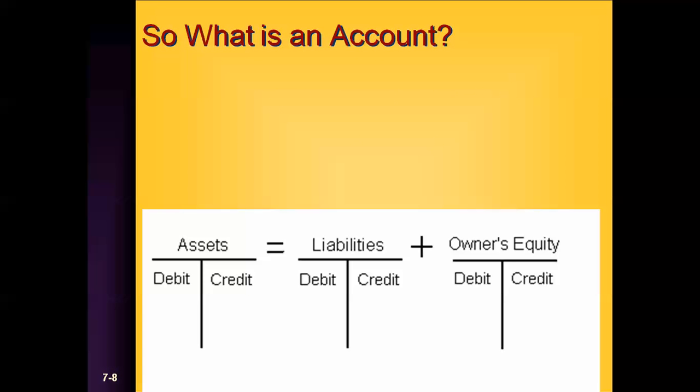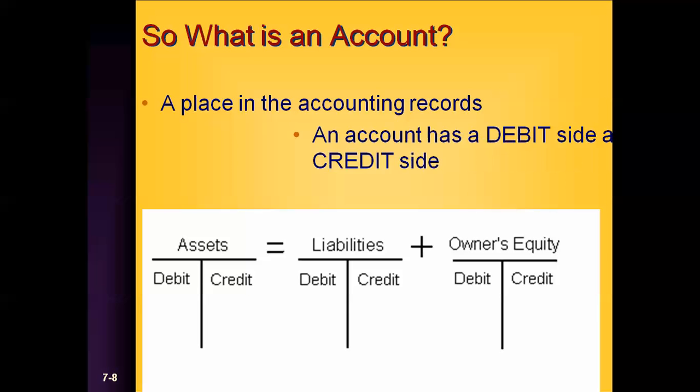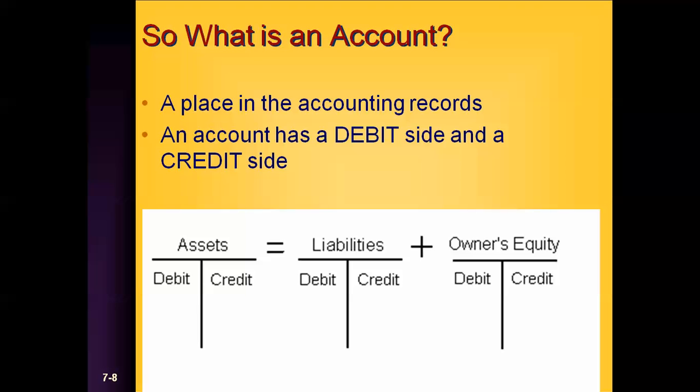Okay, so what is an account? It's actually a place in an accounting record. As we talked about, you're now in the performing phase of business activity, so you want to start setting up, call it little shoeboxes, where you're going to be placing all the various transactions that occur in your business.